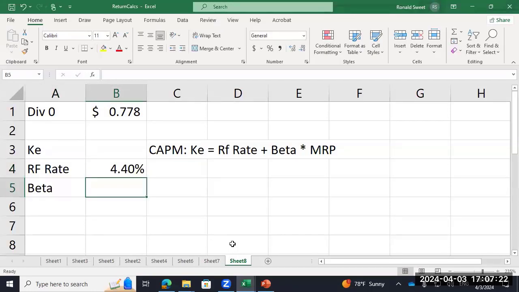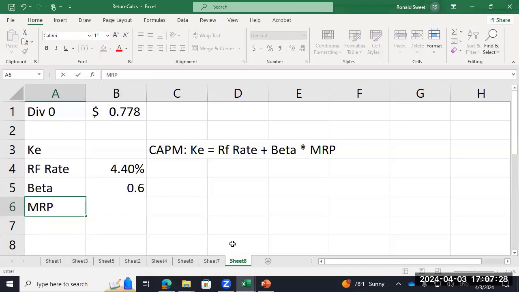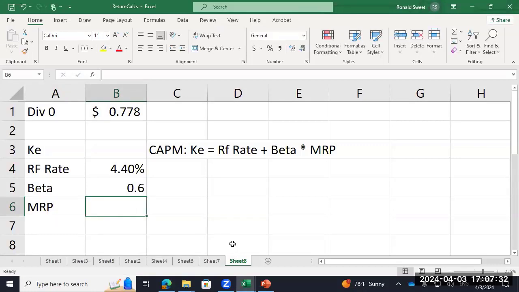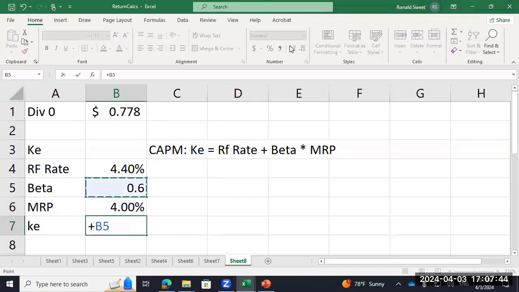I'll give you a choice between 0.6 and 1.4. 0.6, all right. And the market risk premium, you can go to Damodaran, he'll give you his current rate. We saw what he had in that table. I'm just going to use 4% for now, just to keep it quick. And so my KE is going to be risk-free rate plus beta times the market risk premium.